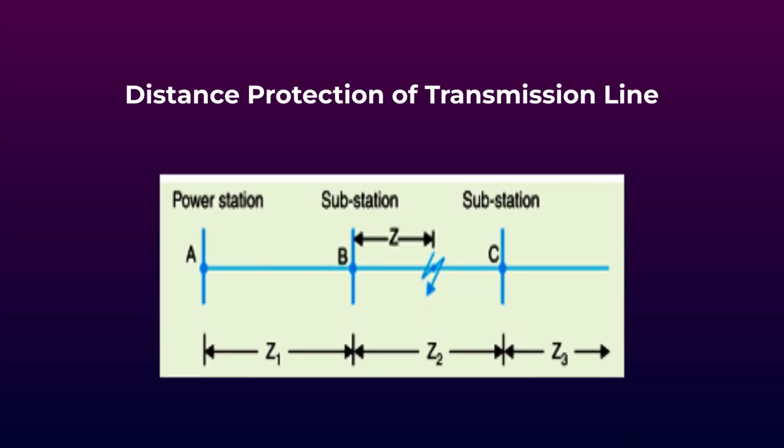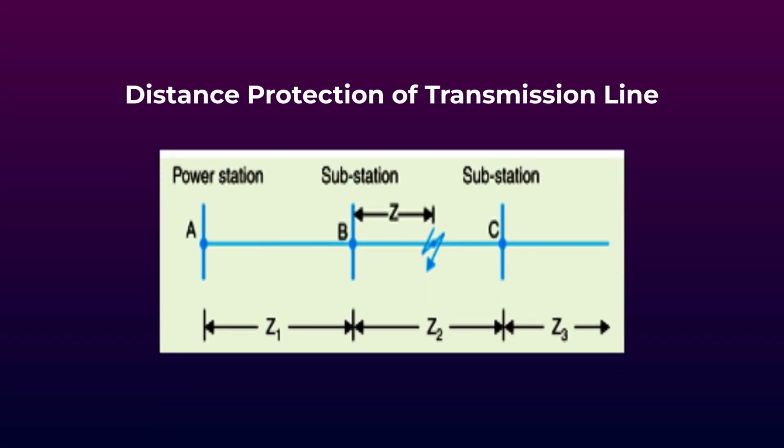For understanding the proper working of the impedance type distance relay, we consider a simple system consisting of lines in series such that the power can flow from left to right. The relays at A, B and C are set to operate for impedance less than Z1, Z2 and Z3 respectively.